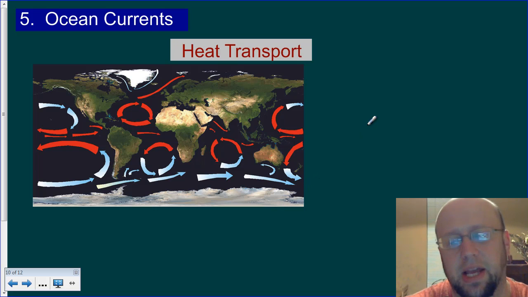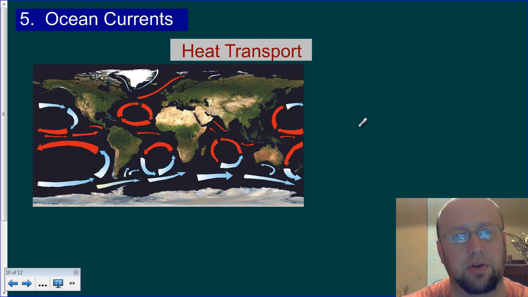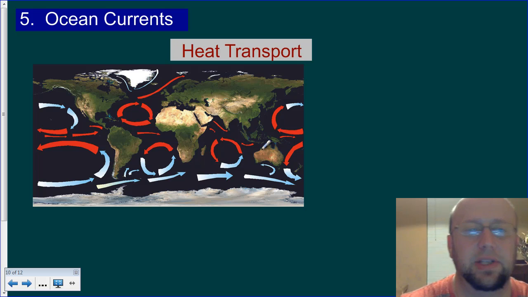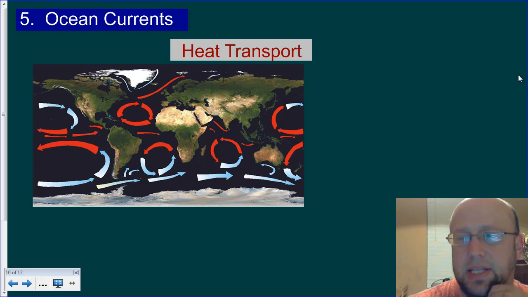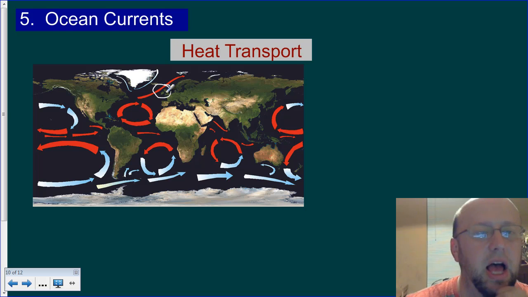The other big thing here is heat transport. So we said that the ocean or water in general is a big sink of heat, that it holds a lot of heat in, and so it transports a lot of heat around the globe. To me, always the biggest example of this is right here. If you look at Great Britain, okay, these are the British Isles right here. Draw yourself a line across the map to the rest of the world that's at that latitude.